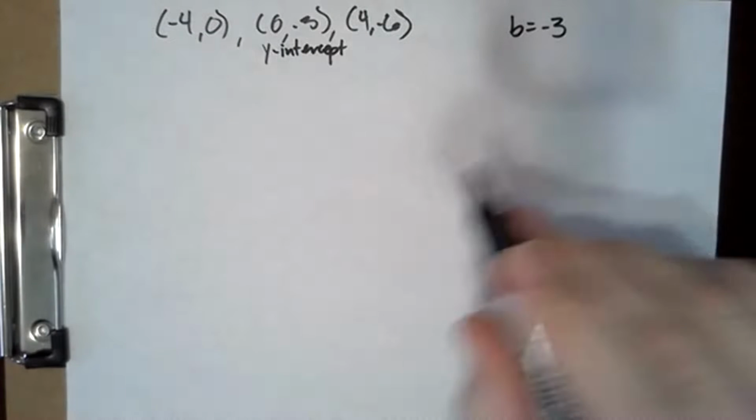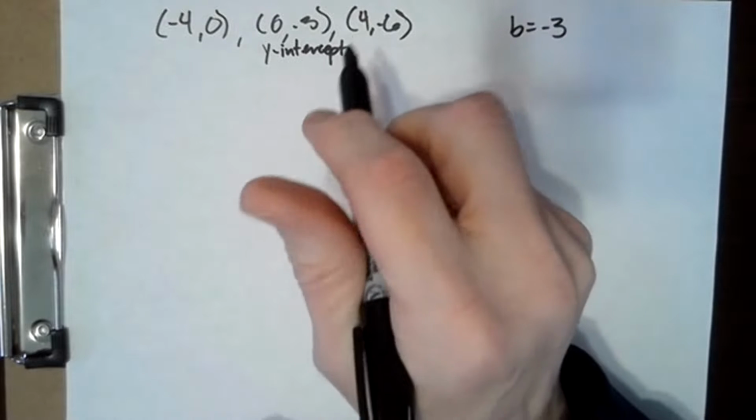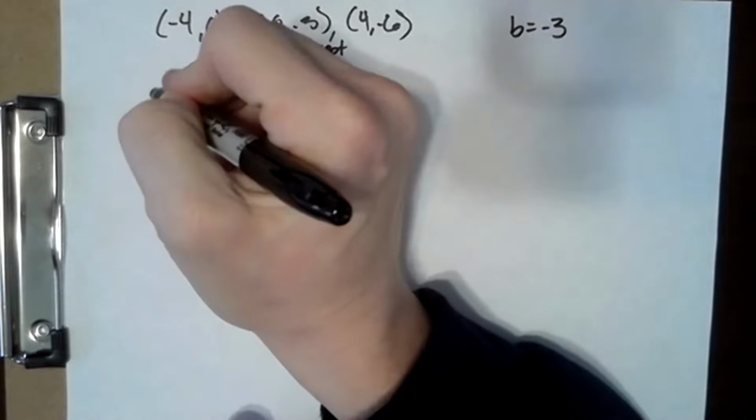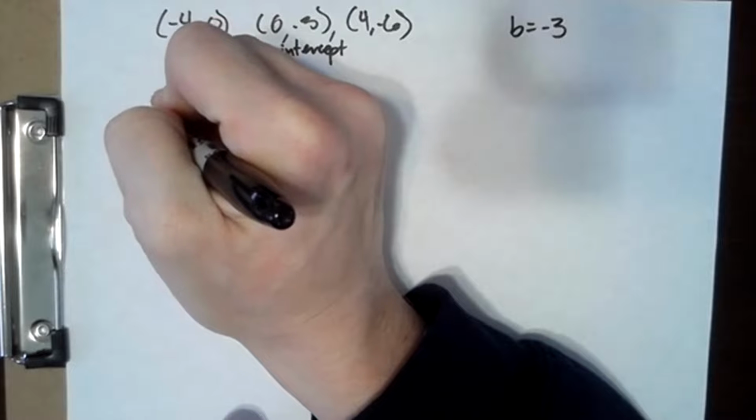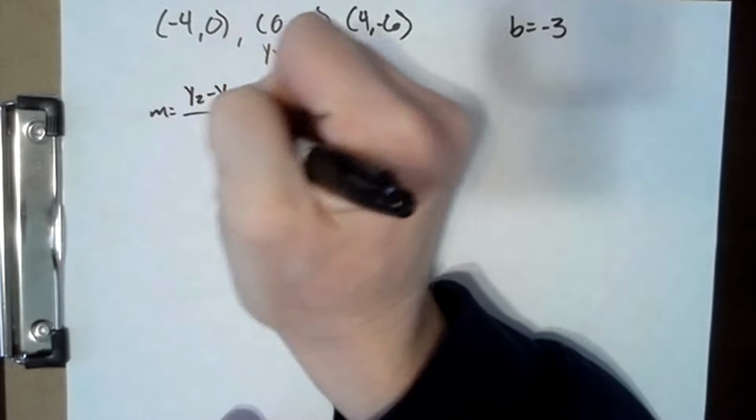Now, we want to find the slope of this line. Well, I can pick any two of these points to find the slope. I'll just use (-4, 0) and (4, -6), because why not? So m equals y2 minus y1 over x2 minus x1.